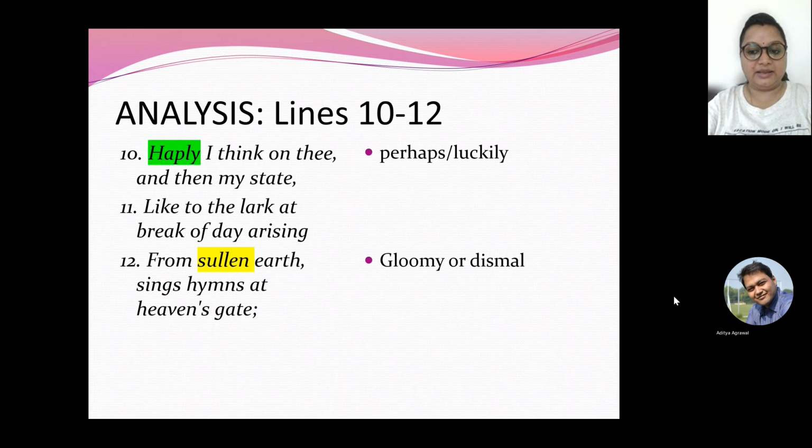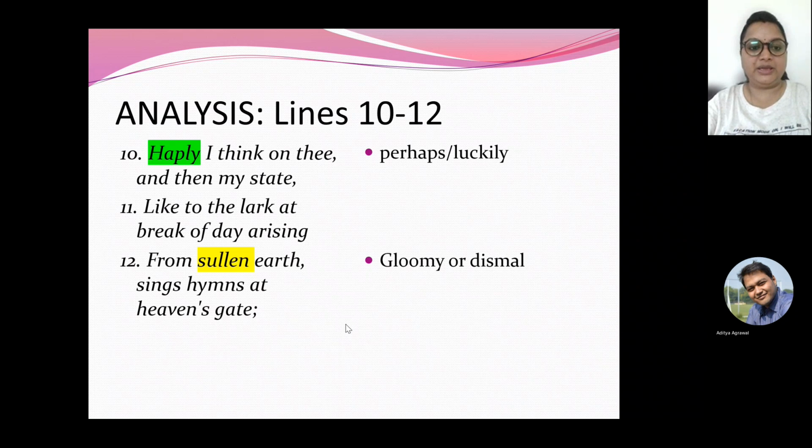In the eleventh line, like the lark at break of day, he implies that he prefers that day rather than night, because he is much happier than he is today. From sullen earth sings hymns at heaven's gate means there seems to be hope when he thinks of a young man.